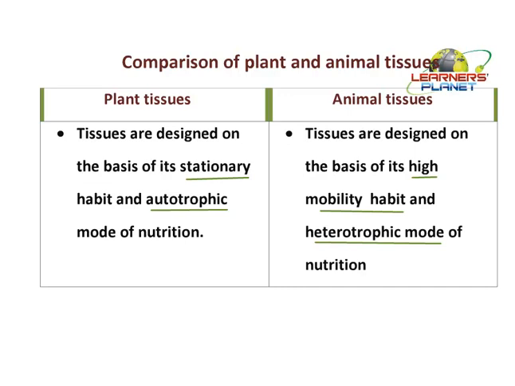If only plant product is to be digested by an animal, the digestive system should be designed accordingly. If we are dependent on the cellulose diet, then we should have the power of digesting the fibers. Opposite to that, if we are dependent on flesh, then we should have enzymes that can digest the flesh material. So this is completely different from the plant tissue.